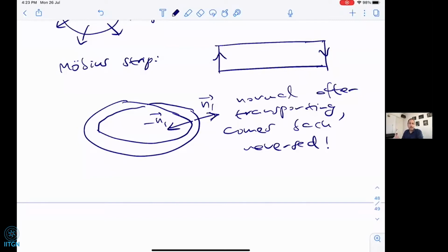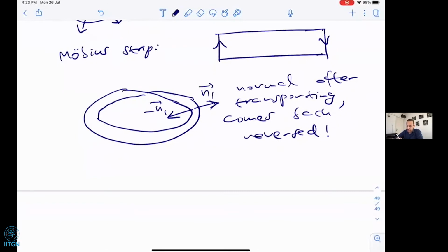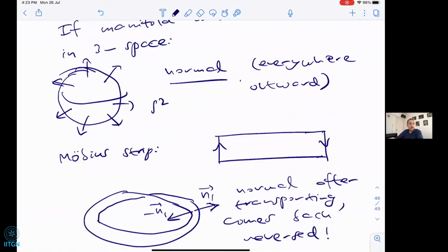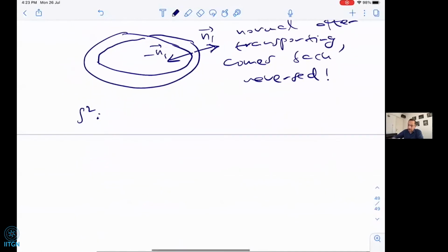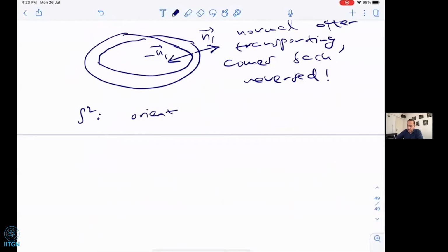It's a very beautiful thing, and I'm sure everybody who's here knows what a Mobius strip is and has played with it. Anyway, so the conclusion is that S2, the two sphere, where the normal everywhere outward exists, is called orientable, and the Mobius strip is called non-orientable.